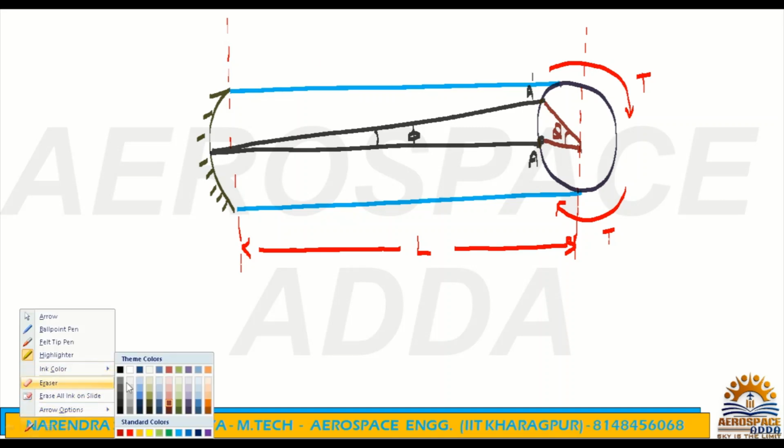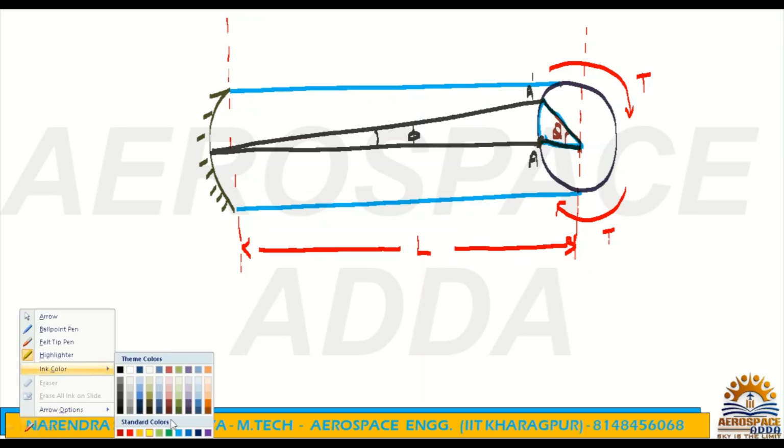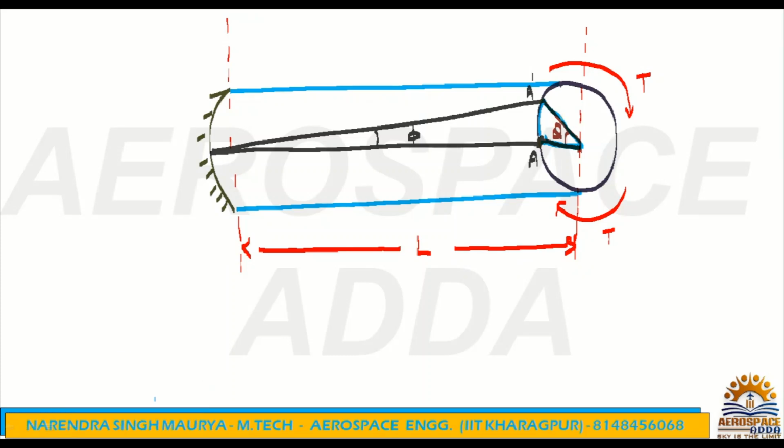If you check these two points, this is basically the cross section, and obviously we have taken a cylindrical shaft, so the cross section will be a circle, right? Somewhat like here, see.